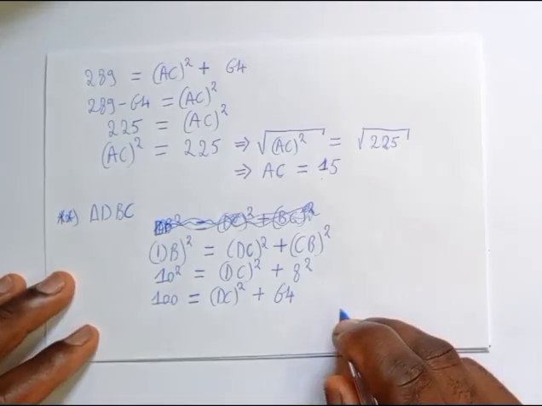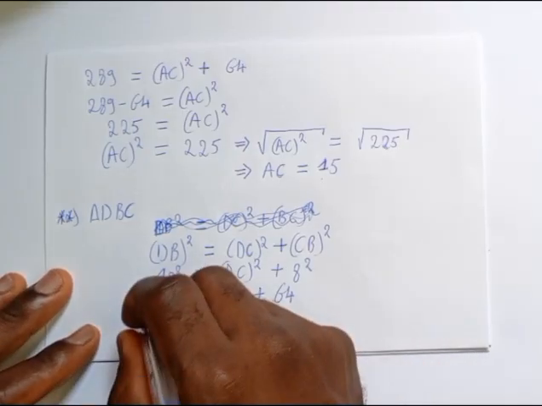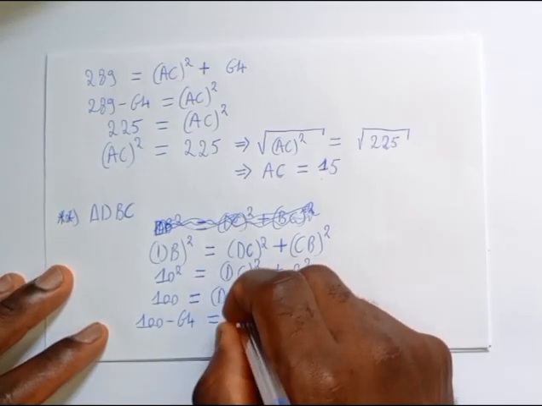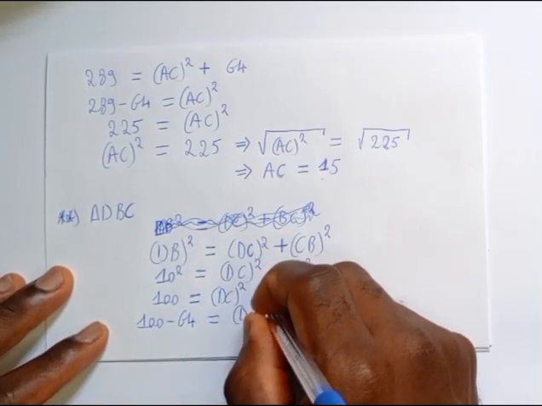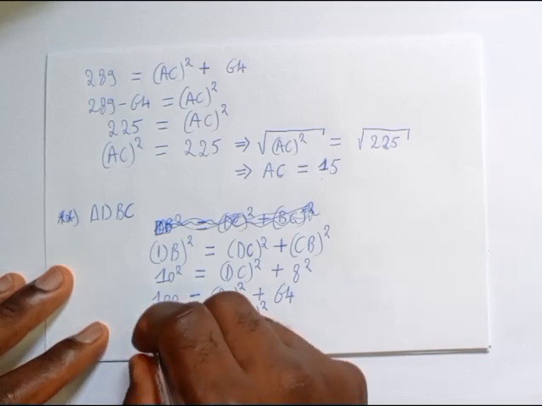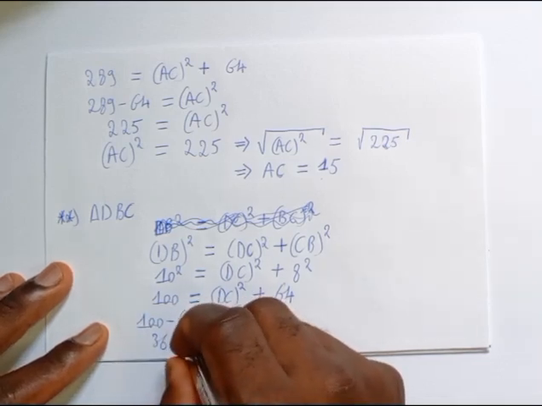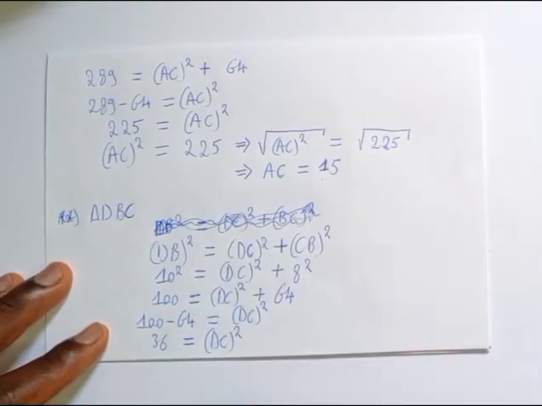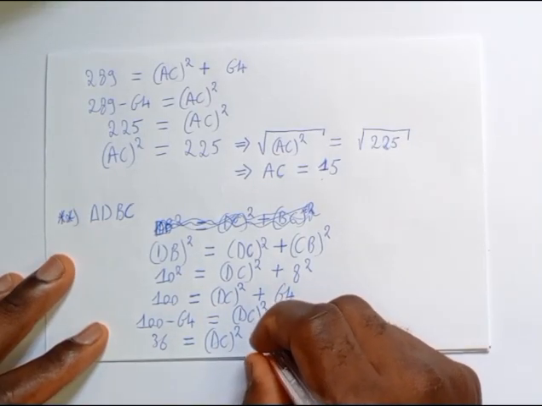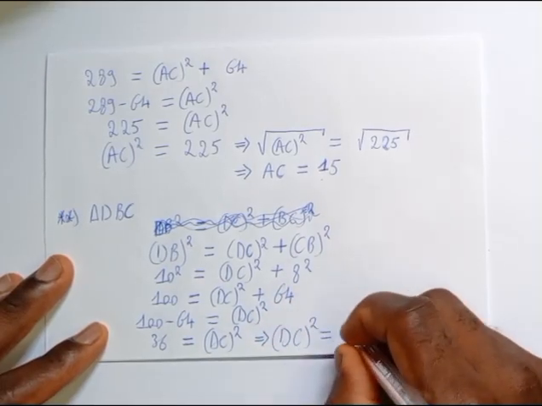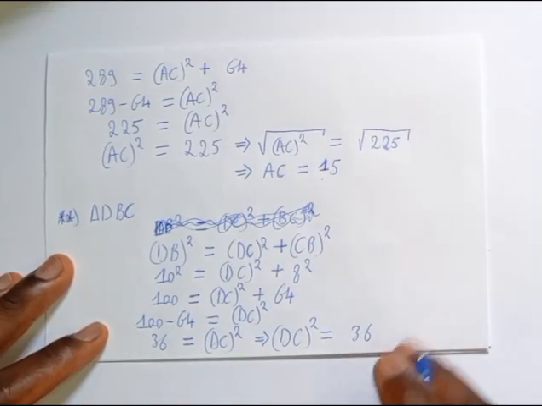We are going to transfer 64 to the left hand side. This gives us 100 minus 64 is equal to DC squared. 100 minus 64 gives us 36 equal to DC squared. 36 equal to DC squared is the same as saying DC squared is equal to 36.